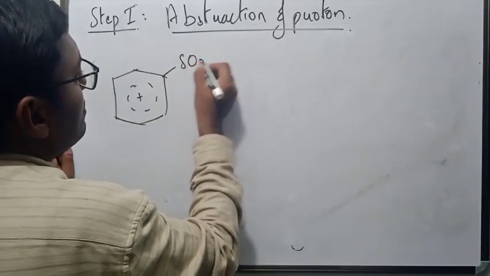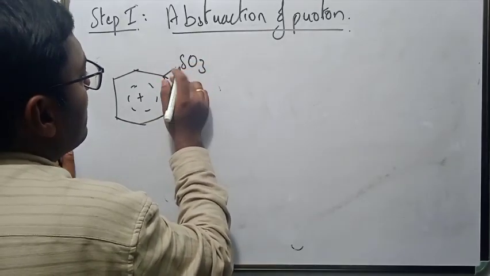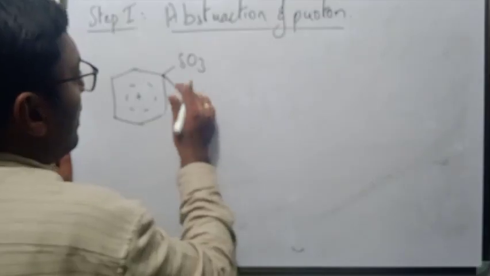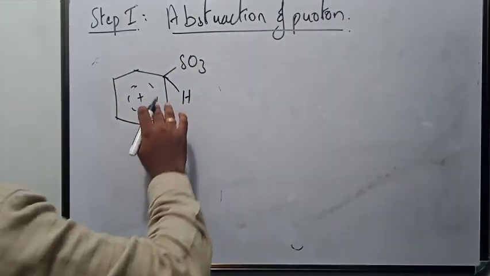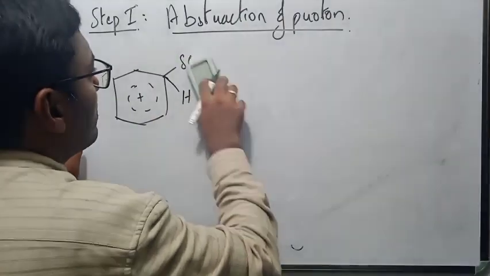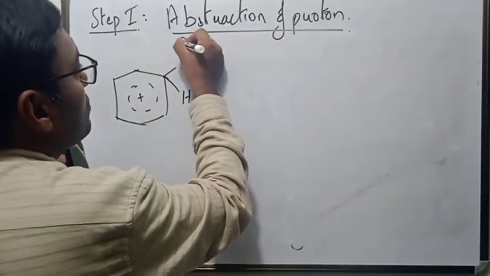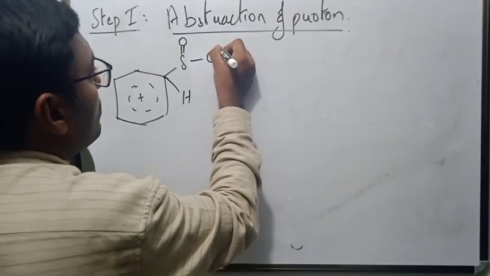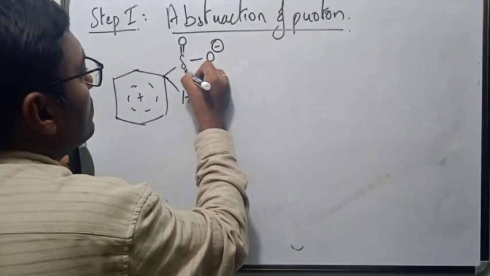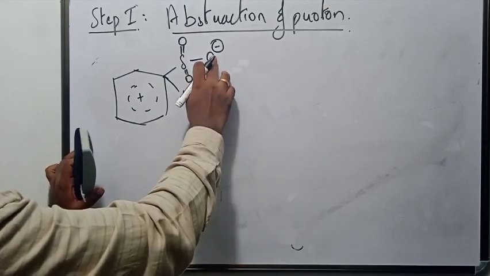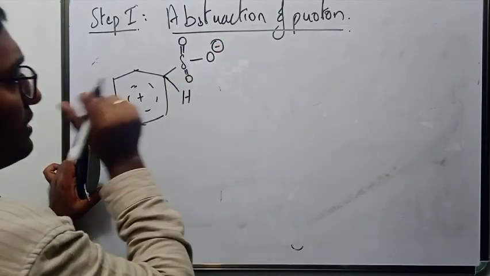This is SO3 and this is H. I am going to draw SO3 in a more detailed manner. I am going to draw the 3 O's. This is the first O, this is the second O, and this is the third O. Now one O is negative here.